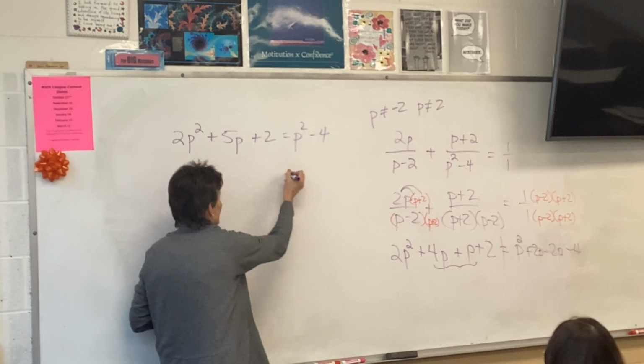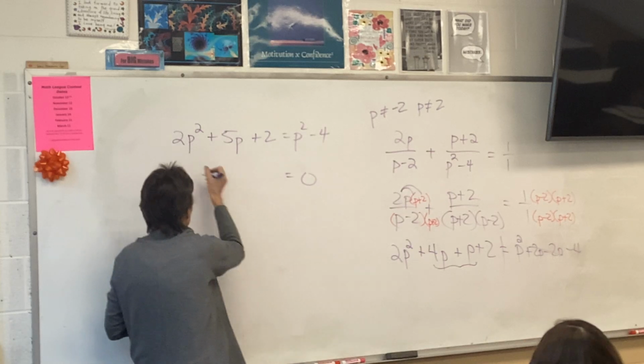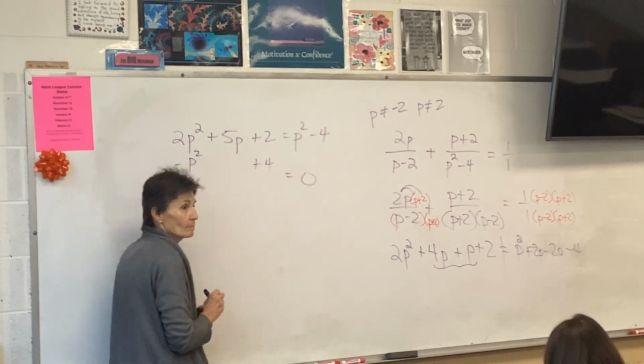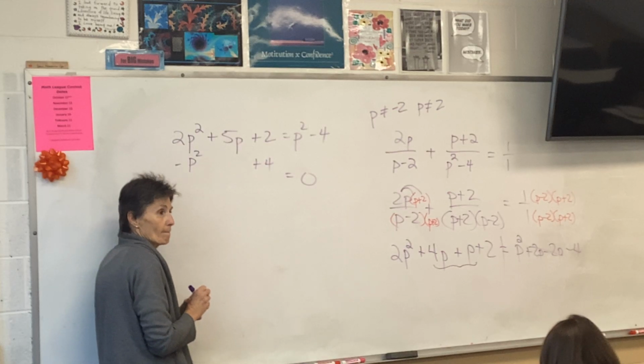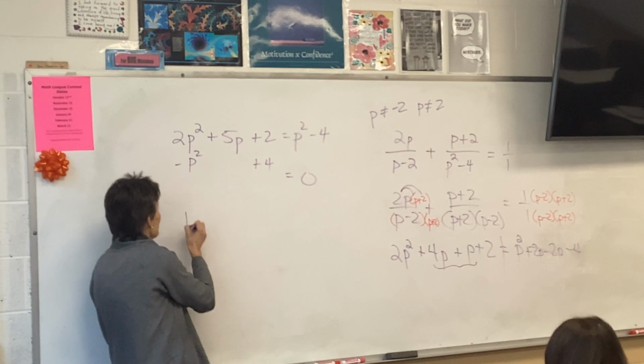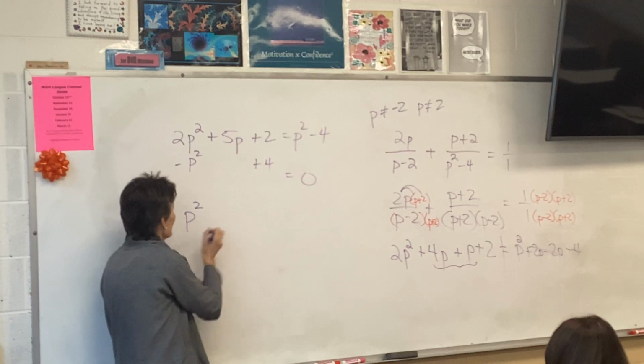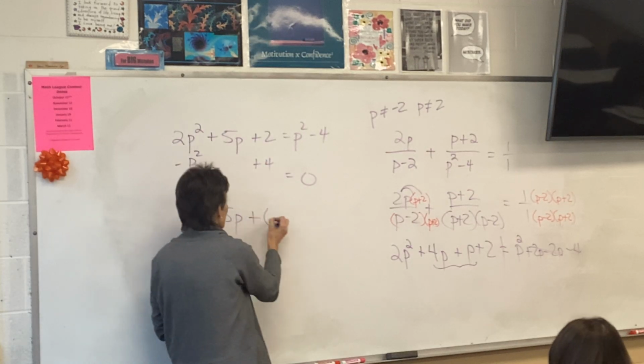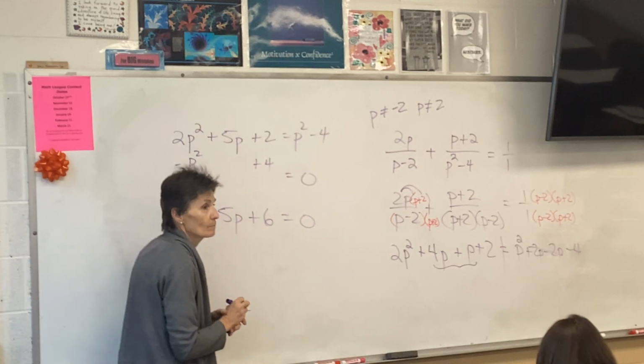Now we're going to get a 0. So we're going to subtract p squared and add 4. So p squared plus 5p plus 6 equals 0.